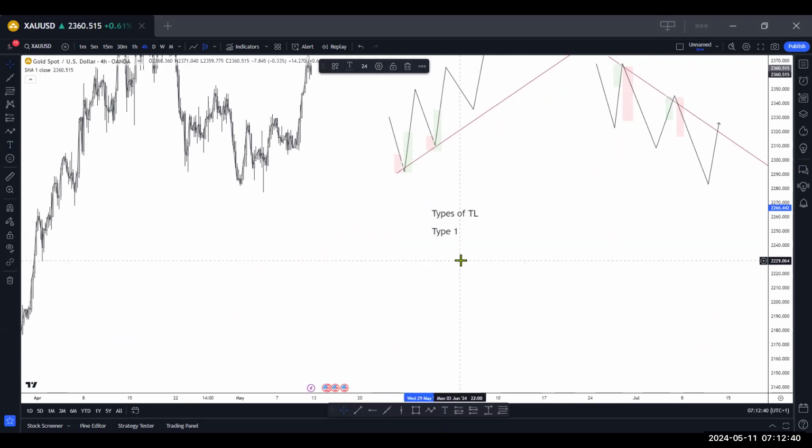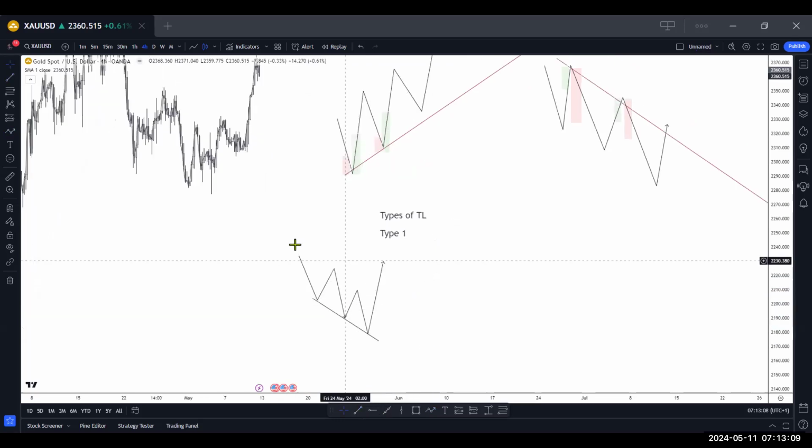So for type one, we have the continuation and then the reversal trend line. So for the reversal first. For the reversal trend line, you have price do something like this. So you look for it when price is reversing, guys. This is your trend line.